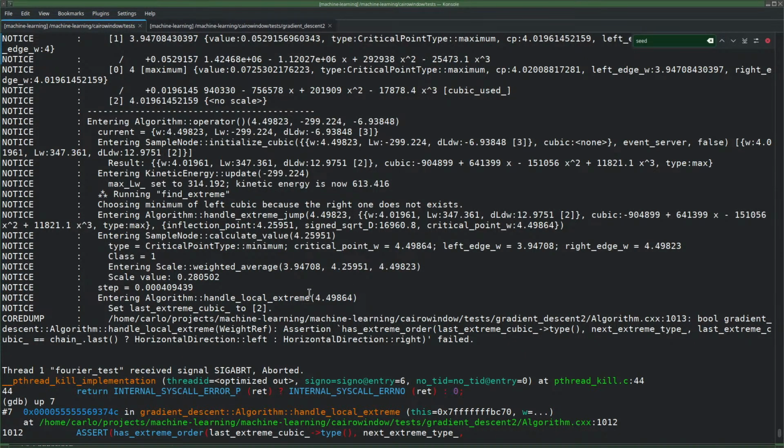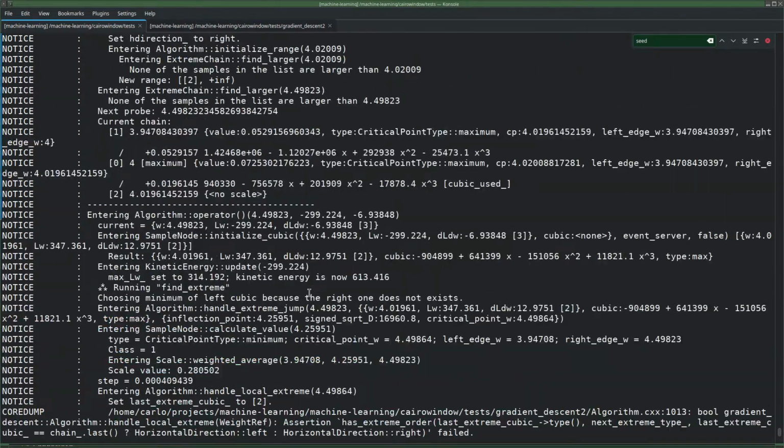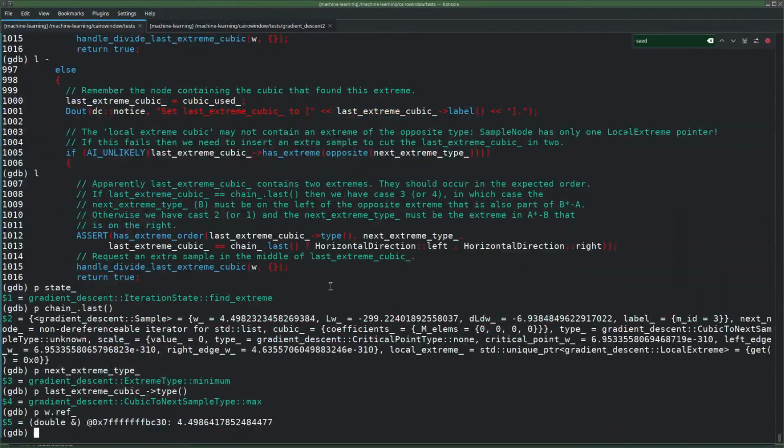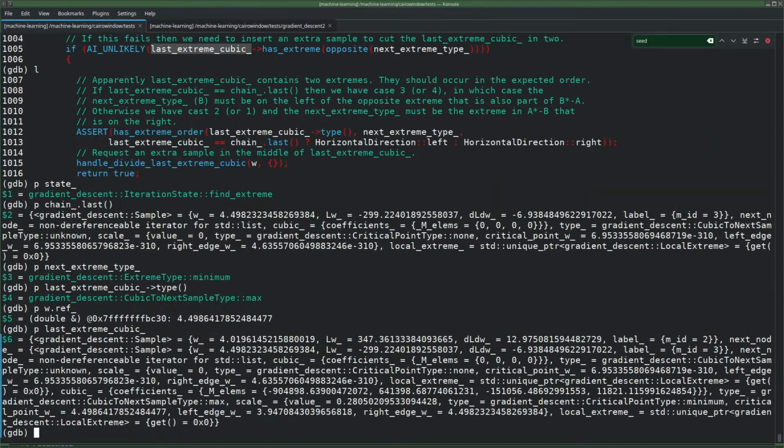Let's see if we can find that back. That is the last extreme cubic, maybe. That is last extreme cubic. It's a positive derivative. Yeah.